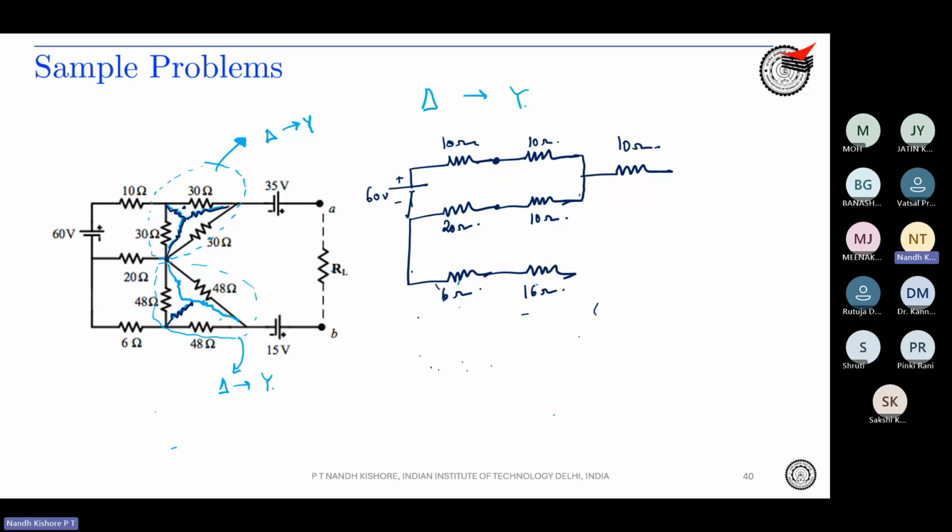Same again, from 20 ohm you are having another resistor, which is again 48 by 3, which is 16, which connects to this, correct? So I will again draw 16 ohm. And finally, from here, you are having another 16 ohm.